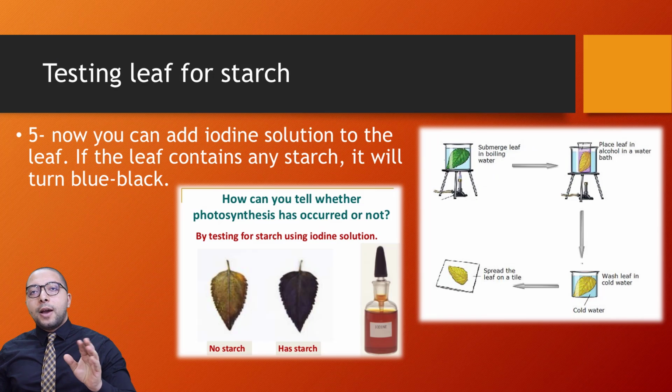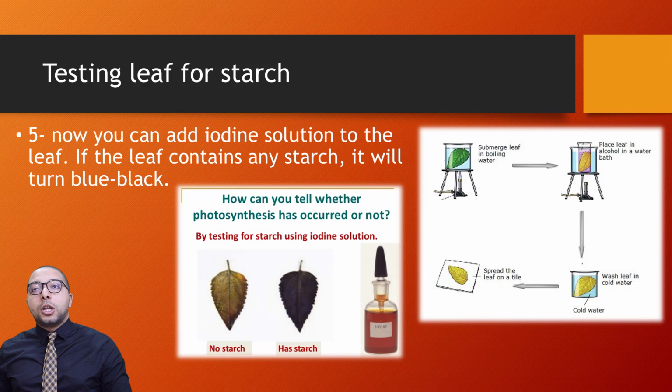If there is no change in the color of the iodine, if it remains the same dark orange, then we indicate that we have no starch. But if the color changes into dark blue, blue-black, then this is a good indicator that we have starch in the leaf.